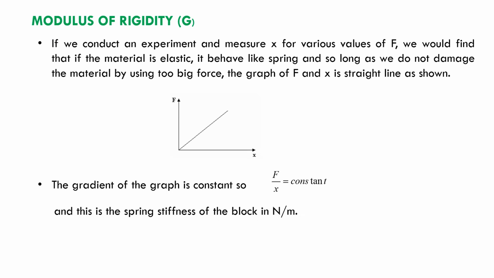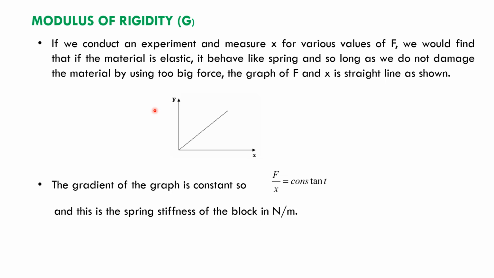Let us look into the modulus of rigidity. If we conduct the experiment and measure x for various values of F, then we will find that the material is elastic. It behaves like the spring. Like I mentioned previously, it is related to Hooke's law.